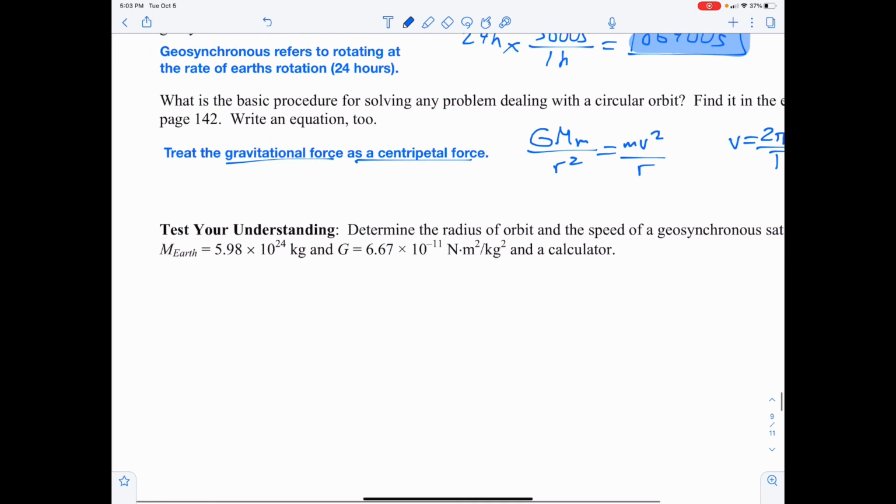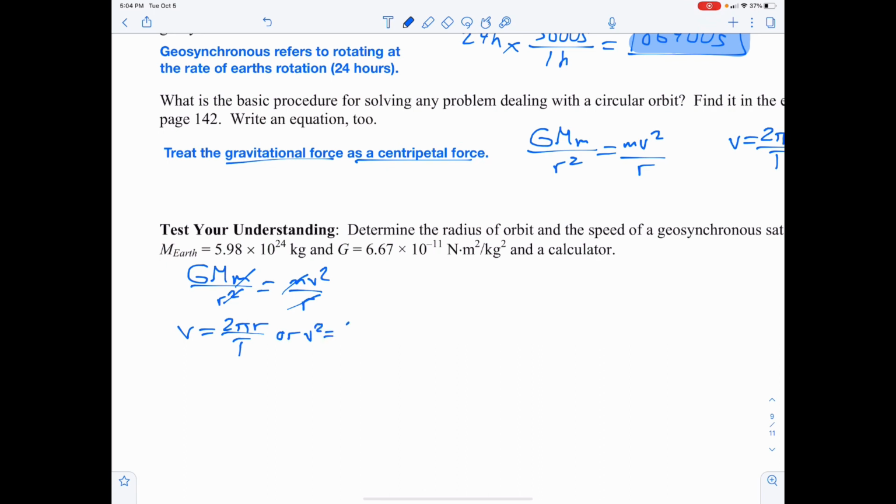Well, we established earlier that gravity is a centripetal force, and the fact that v is 2 pi r over T, or rather v squared is equal to 4 pi squared r squared over T squared, then big G, big M over r is equal to 4 pi squared r squared over T squared.